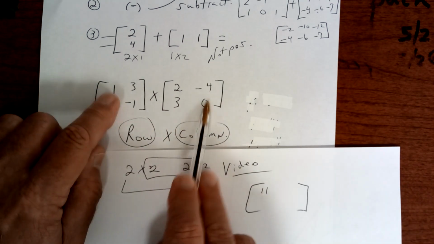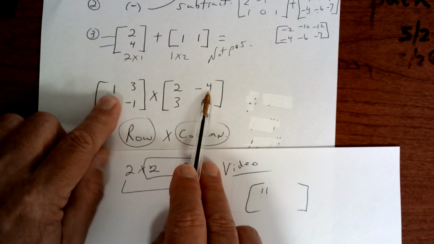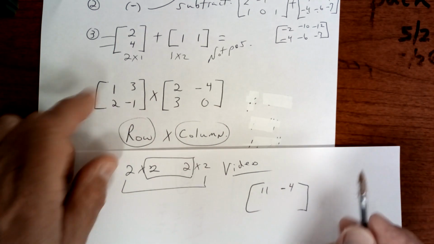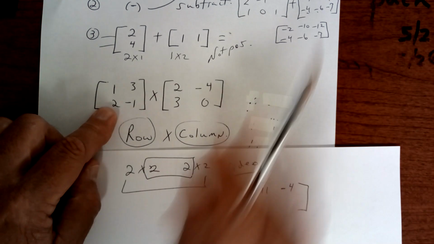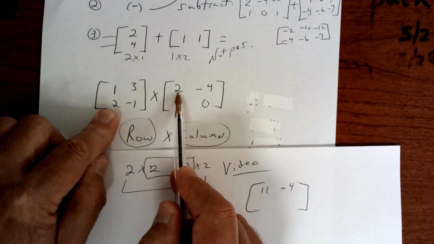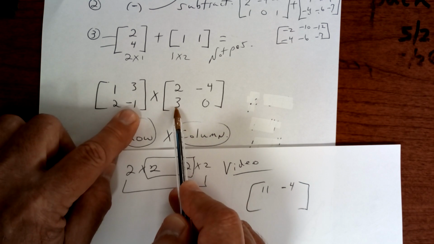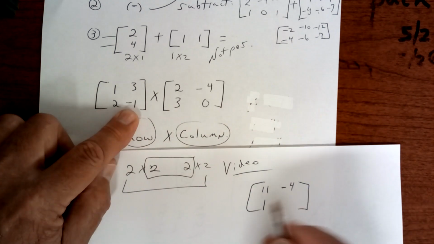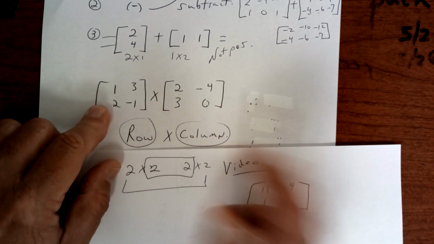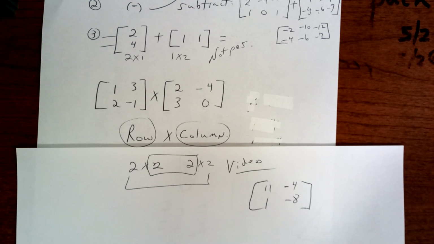So that's negative 4. 3 times 0 is 0, so that gives you a negative 4. Watch again. We're going to take this row times this column right here. So 2 times 2 is 4. Remember that. Negative 3. So 4 minus 3 is 1. And then this is negative 8, and that's 0. So negative 8 goes there, and you're done. So it's row times column.